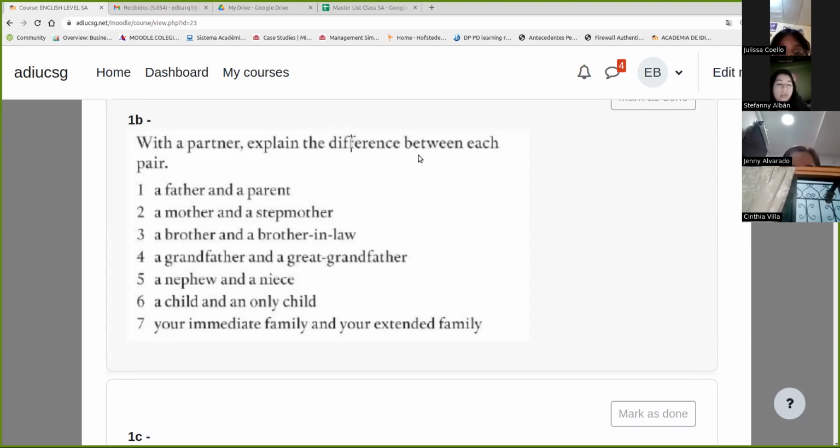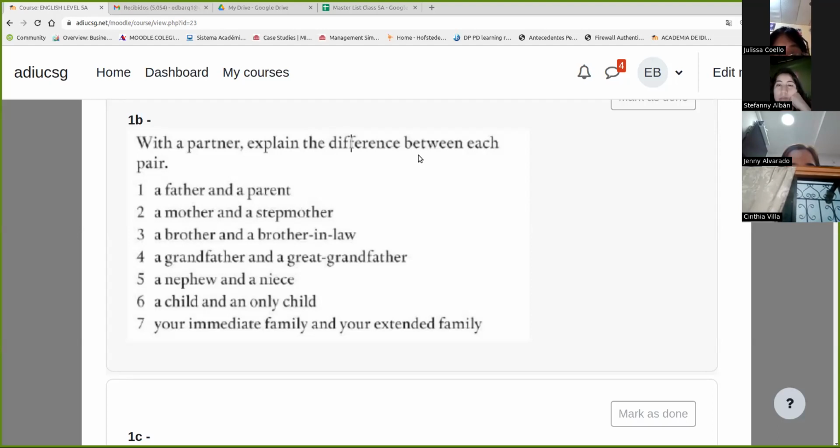Okay. The father and the 3 times father, tatara, you would say tatarabuelo. So you start talking about the generations above. But in English, you would say great, like great grandfather. That's how they say in English. So now, once again, what's the difference between a grandfather and a great grandfather?